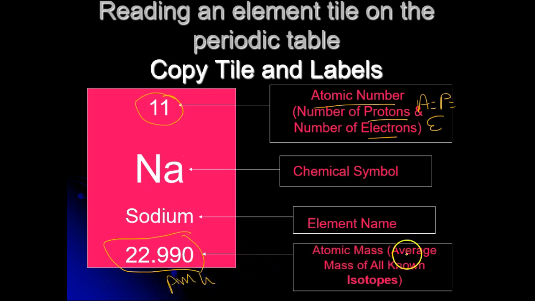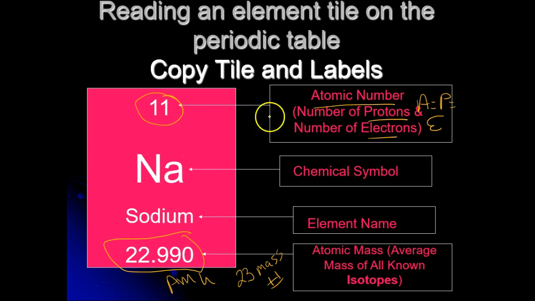Your average atomic mass. What we're going to do for most of it is just round it, so it'd be 23. That would be our mass number. There's a difference between a mass number and an average atomic mass. The mass number is a whole number, and the average atomic mass is a decimal.